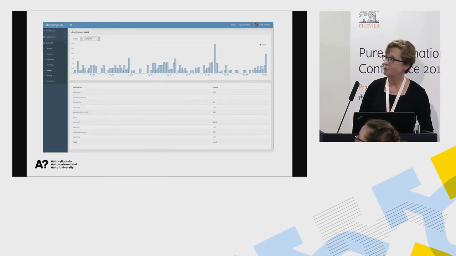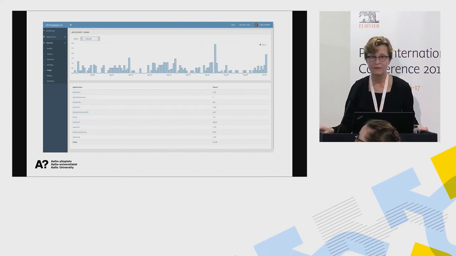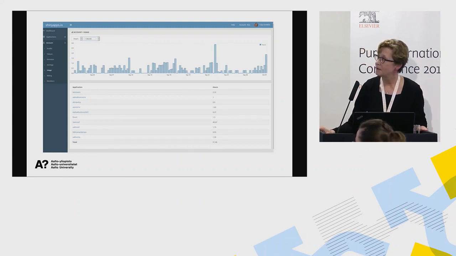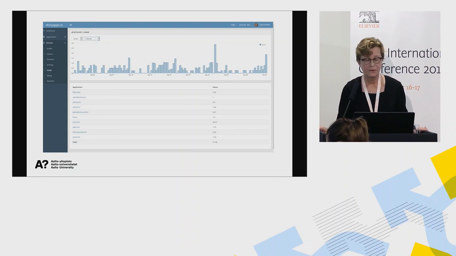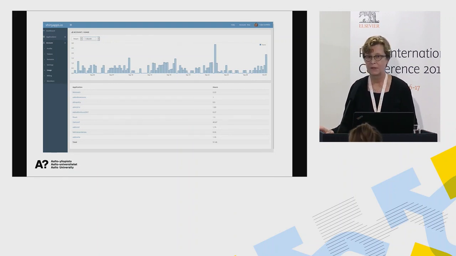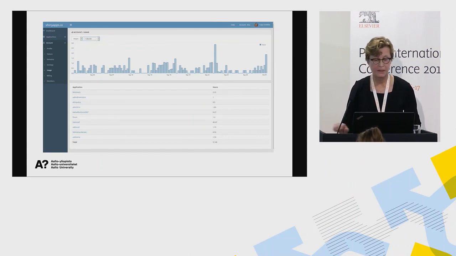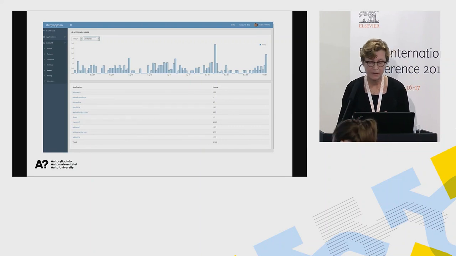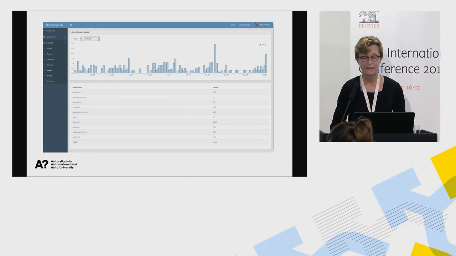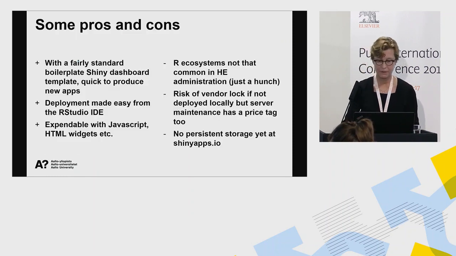Quickly, just to show what the Shiny Apps I/O gives you as statistics. It's a simple bar graph showing the total usage in hours on my applications within some time frame. And here is 1 month. You can't see it, but the figure is 50, so 50 hours in total.